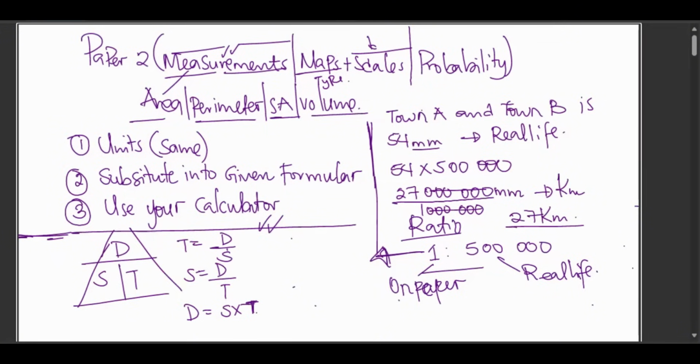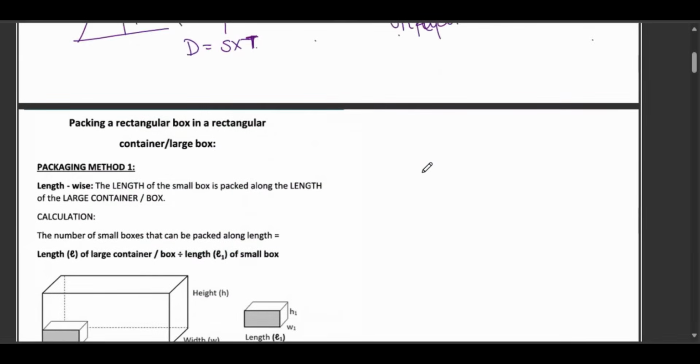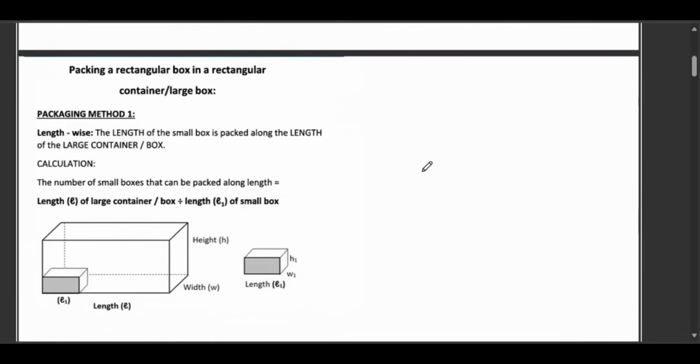All right, let's look at a little bit of packaging. Packaging is an arrangement made. Let's look at packaging of rectangular boxes into a rectangular box. Definitely this will be making sense here. There are two items that we usually pack in mathematical literacy.